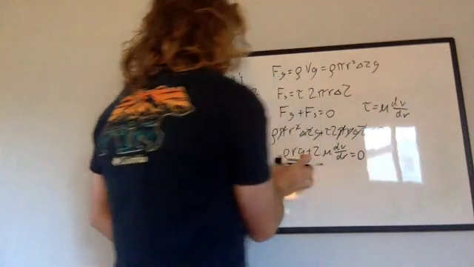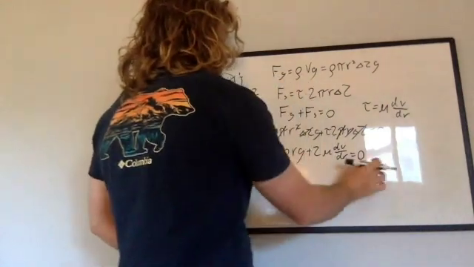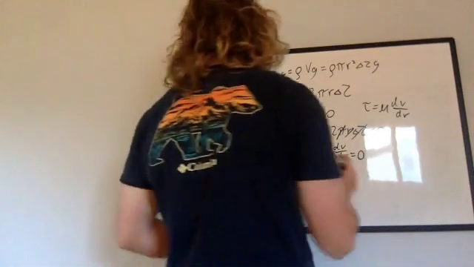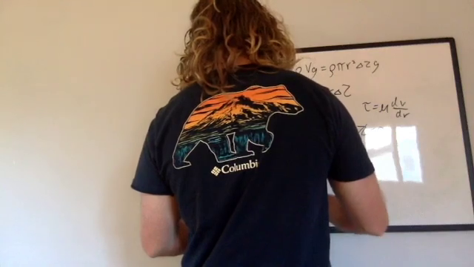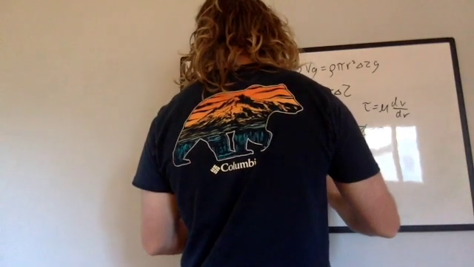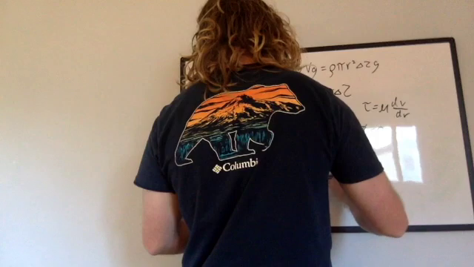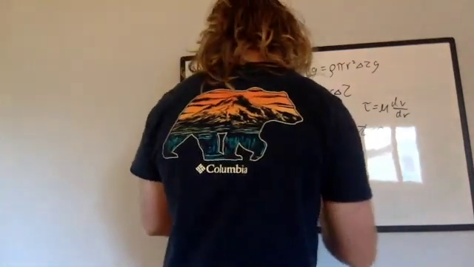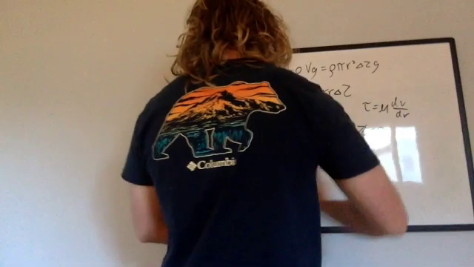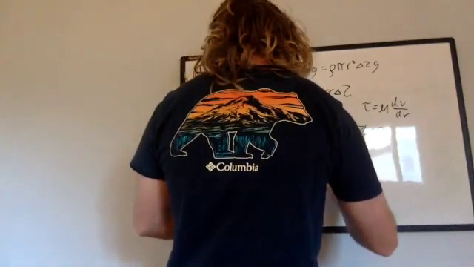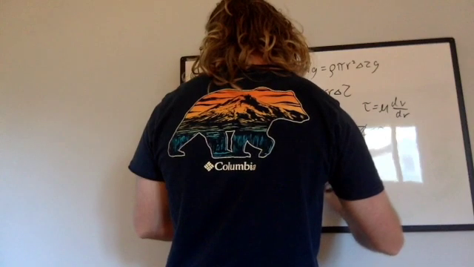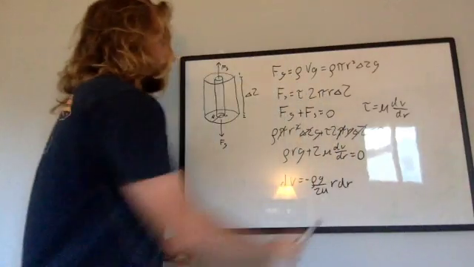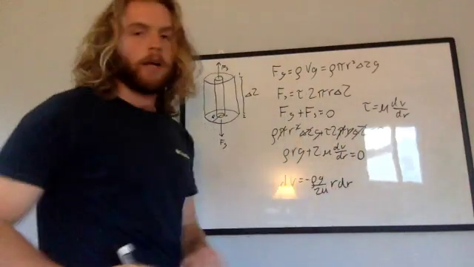We'll go ahead and subtract this side over to here and then divide it by 2 mu and then multiply by dr. So we'll go ahead and do that. All right, we brought this r out because we are going to be integrating with respect to the radius.